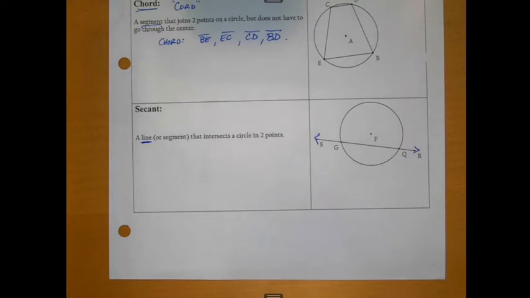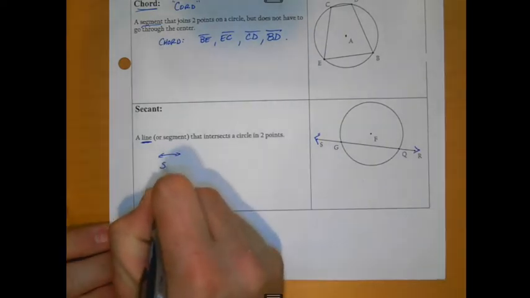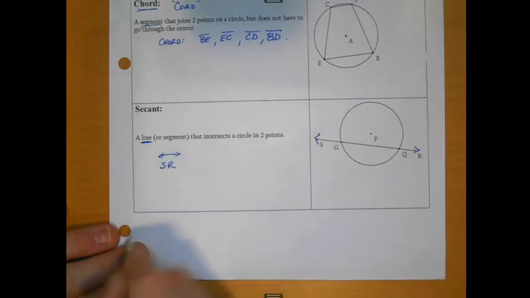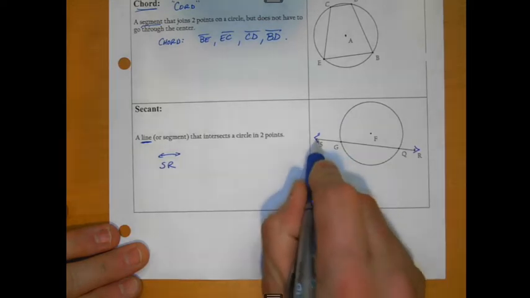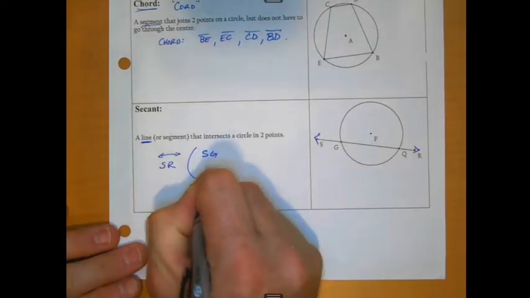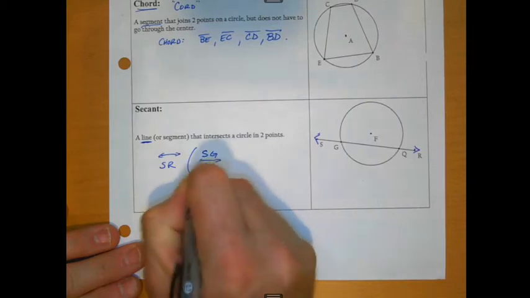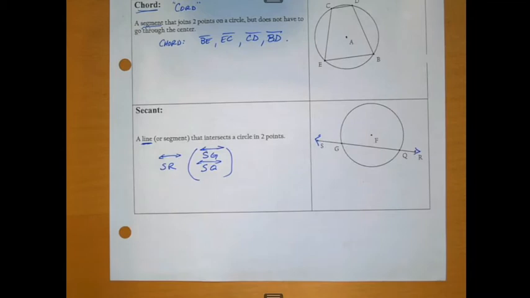It must be a straight alignment of points. We know that a line going through 2 points creates one line. Okay? So in this case, we could say that this is SR, is the secant. Starting at S, going to R. We can name S to G, S to Q. These are going to name the same segments because in a line, it doesn't matter which segment you name.